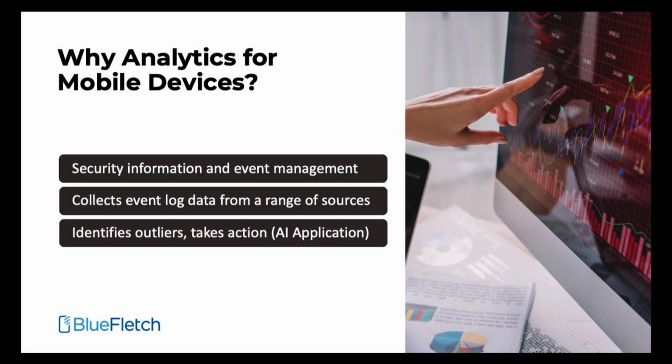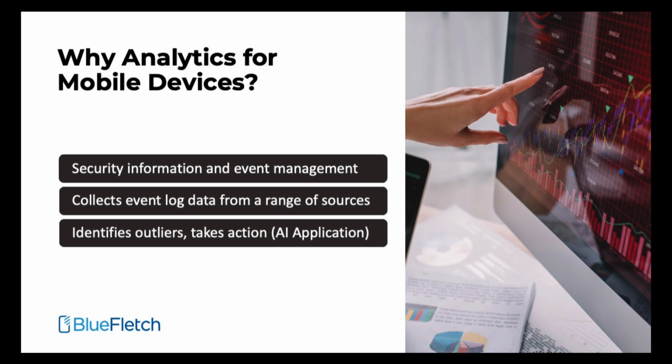Security event and information management as a field really is all about collecting that data, analyzing it in real time, understanding if there are any outliers or things that deviate from the normal desired usage of these devices, and then being able to take appropriate action quickly and mitigate the risk and reduce any issues that might result from those security breaches.